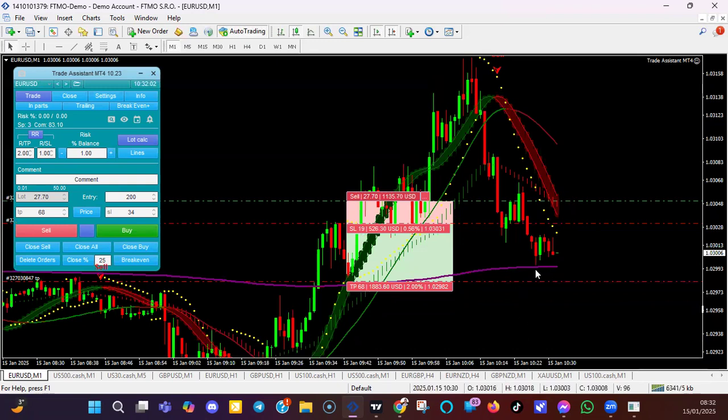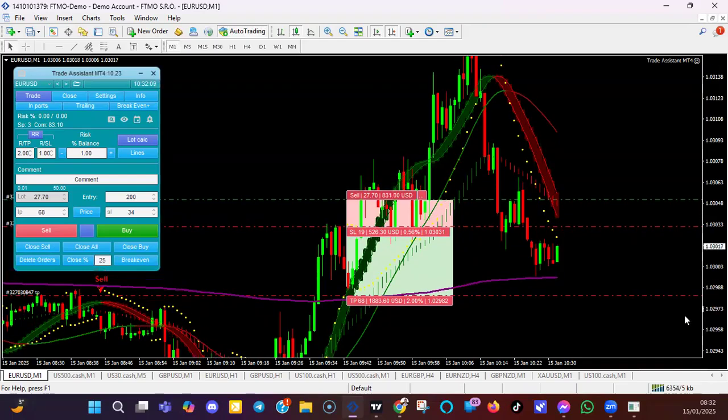And also we're at the purple line as well, where we know it either bounces or breaks. I'm going to stay there.